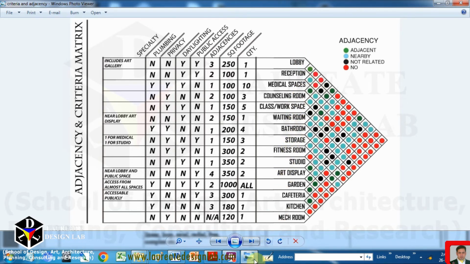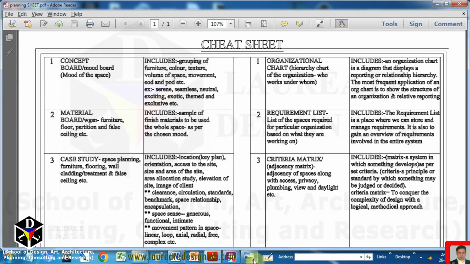And then we talk about the criteria matrix. In this we'll also have the adjacency matrix. So adjacency of spaces along with access, privacy, plumbing, view, daylight, etc. These all can be included in the criteria matrix and adjacency matrix.